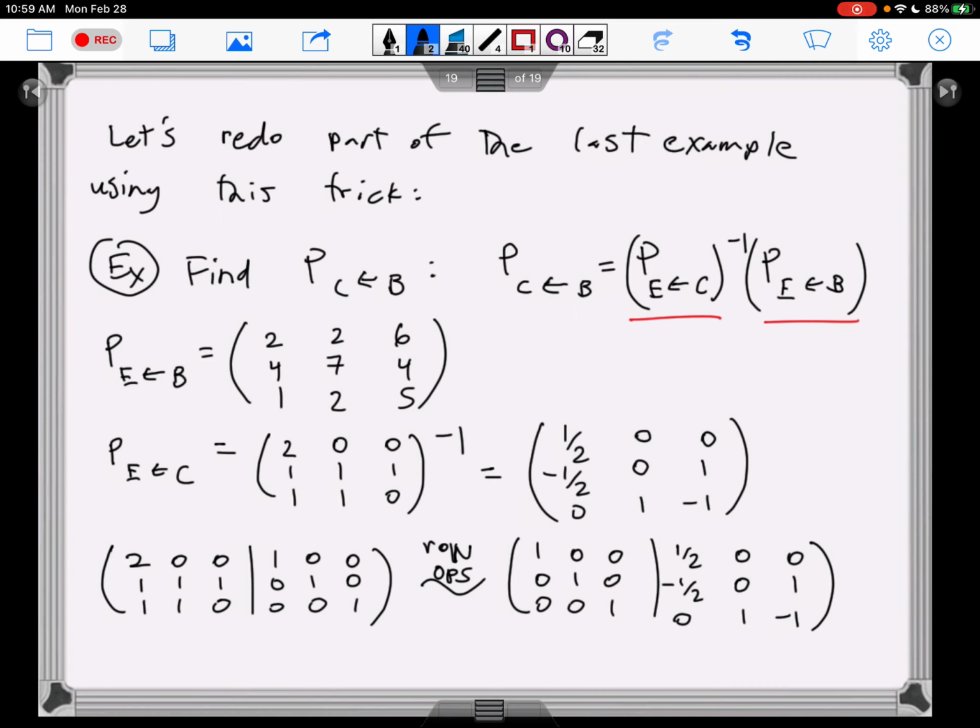And now we just need to multiply these matrices together, right? So sorry, this is P from C to E inverse, right? So now I just need to take this matrix and multiply it by this matrix, and I get my answer.